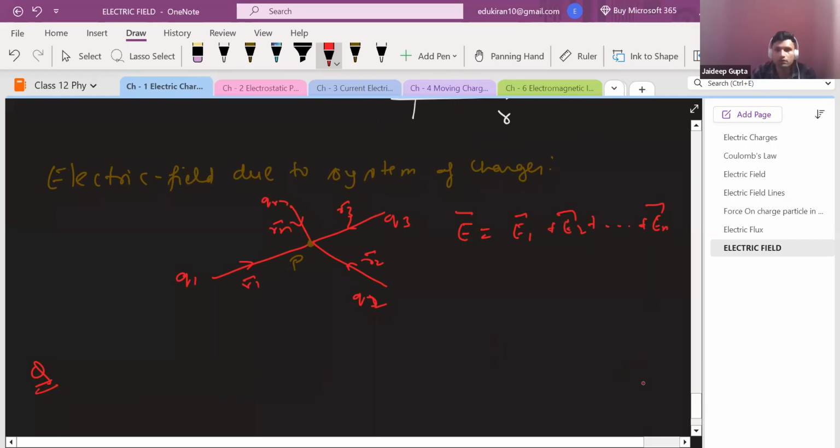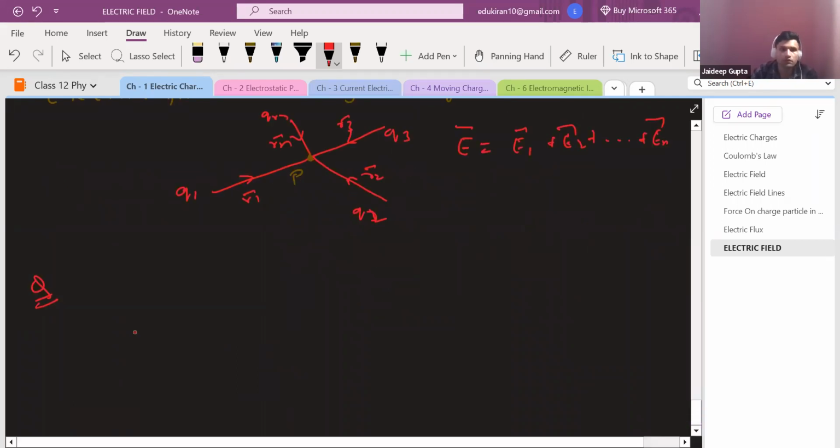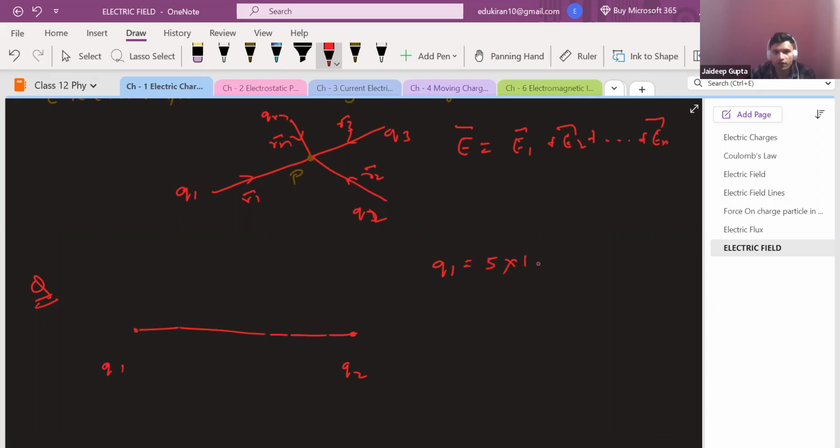Now there are two point charges, Q1 and Q2. Q1 is 5 into 10 to the power minus 19 coulomb, and Q2 is 20 into 10 to the power minus 19 coulomb, separated by a distance of 2 meter.